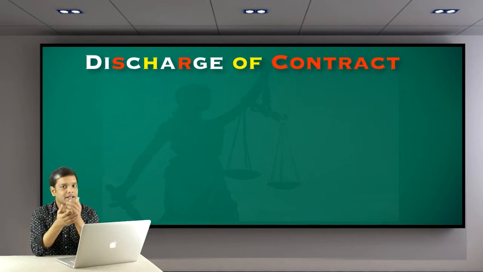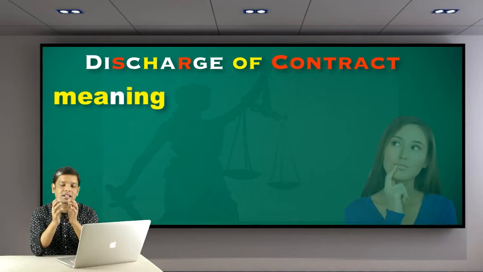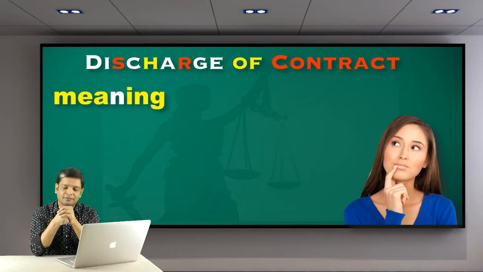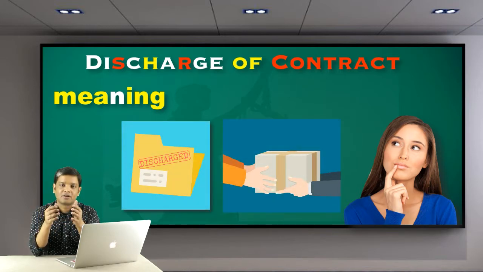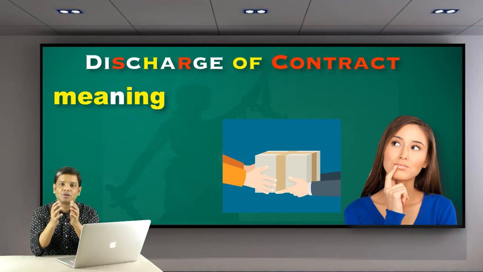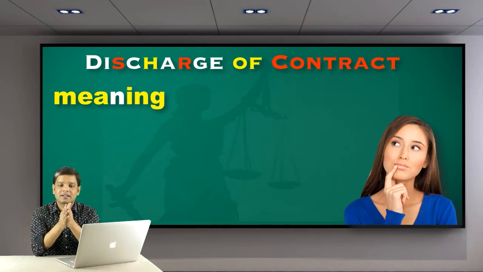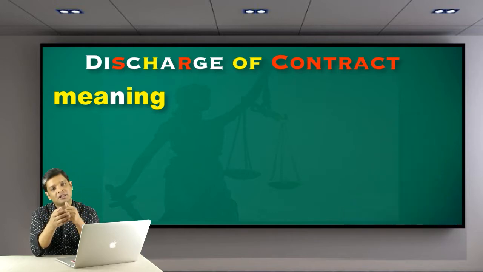So first understand what is the meaning of discharge of contract. The literal meaning of discharge is delivery, to perform a certain act that is assigned. So there are different meanings of discharge depending upon the situation.